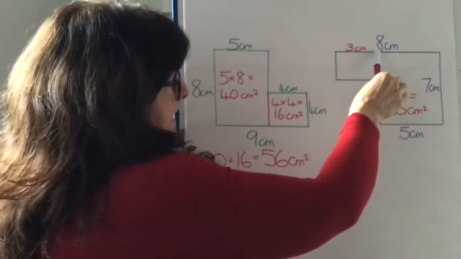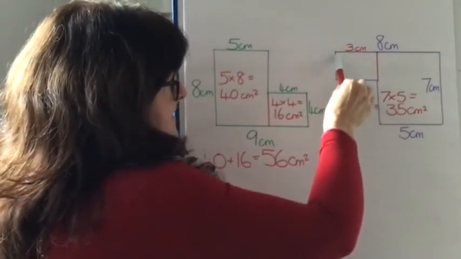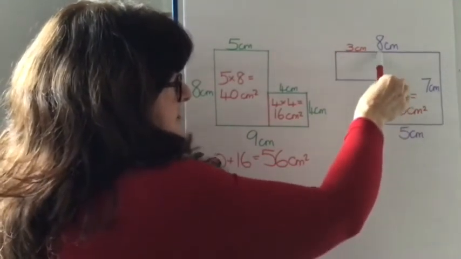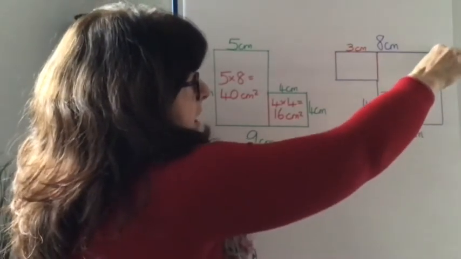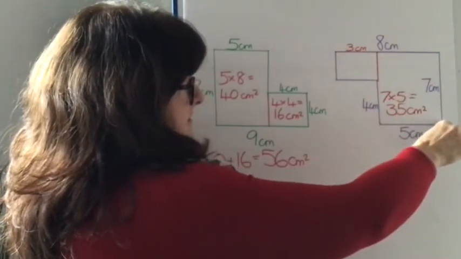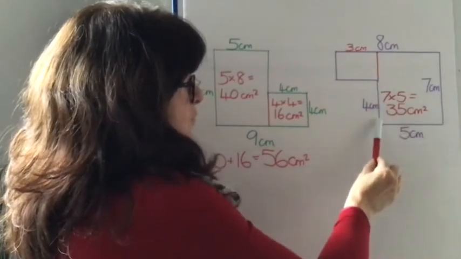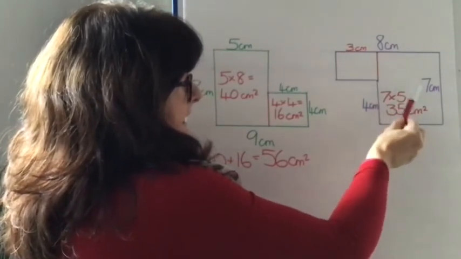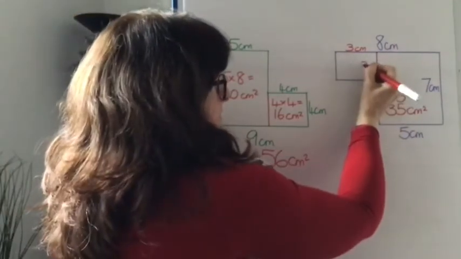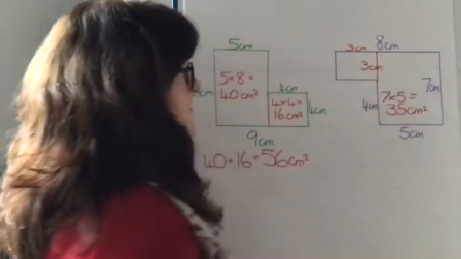Now looking, I need to find this edge here, which is the same as this edge here. I know that the whole of the shape is 7 centimetres, and I know that this part here is 4. So 4 add 3 is 7, so this too is 3 centimetres.